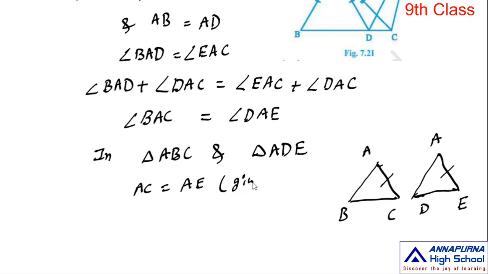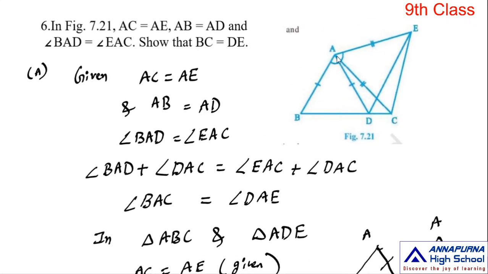This is the given condition, because ACE is an isosceles triangle. So the side AC is equal to AE.